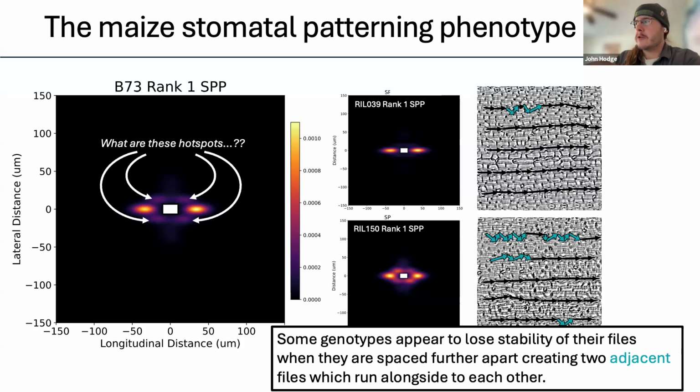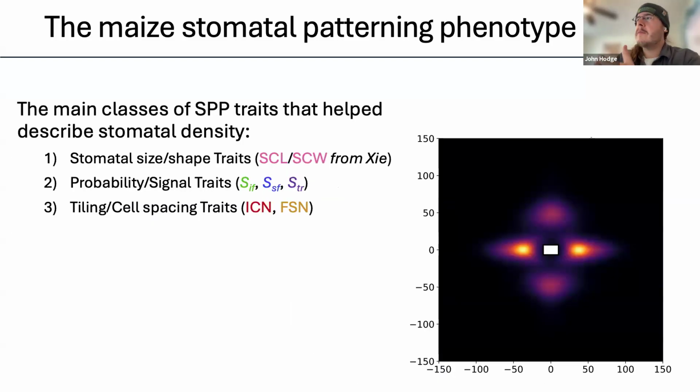But there were also a lot of other traits that we wanted to pull out of here as well. Some already existed. We already had the stomatal length and width from G's paper, which corresponds to the little white rectangle in the middle. We also captured what we called probability or signal traits at three key positions in this distribution.